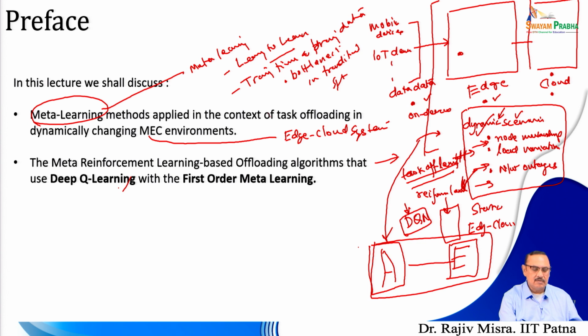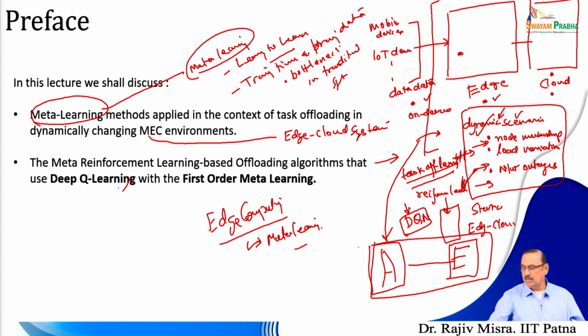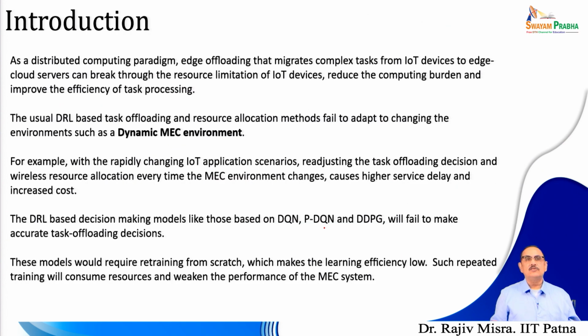So, with that in effect, we are going to use this particular meta learning, and we will see that in edge computing this meta learning is going to be a major development. So, let us introduce this entire environment.